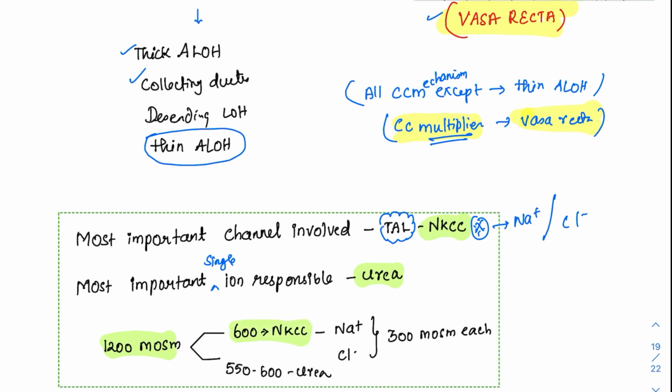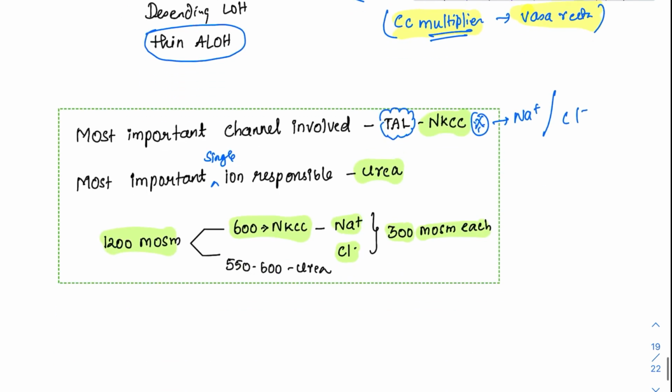But when you talk about an individual ion, it gets split up between sodium and chloride. So sodium will be contributing 300, chloride will be contributing 300. That's why we write 300 milliosmoles each. They are not contributing the entire 600. If they give you an option of sodium chloride together, then go for that, because they are the most important ions together.